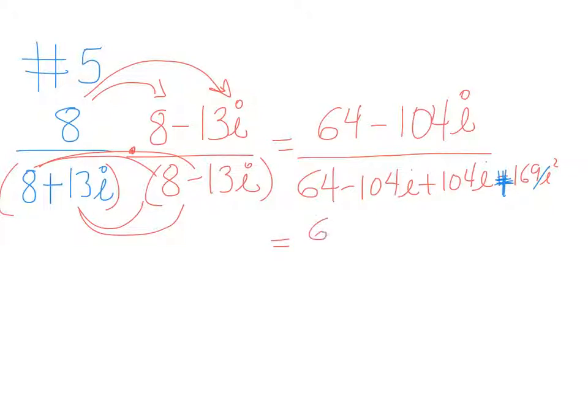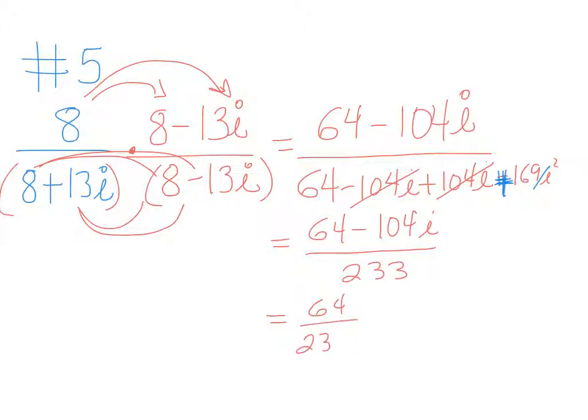This is 64 minus 104i. See, the negative 104i and the positive 104i cancel. 64 plus 169 is 233. But then for the final answer, you write it as a complex number, so you separate that into a fraction.